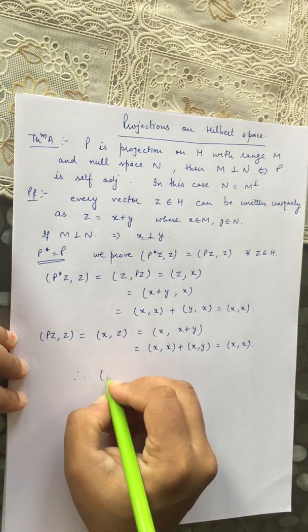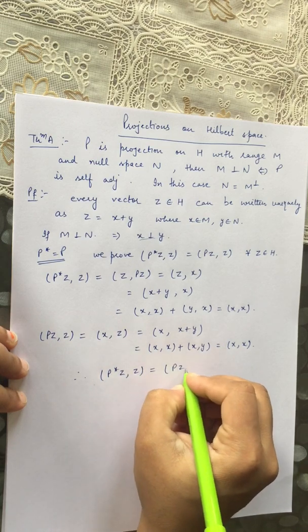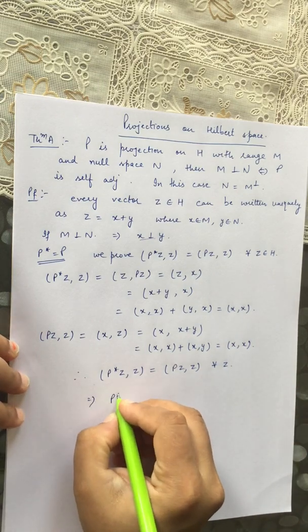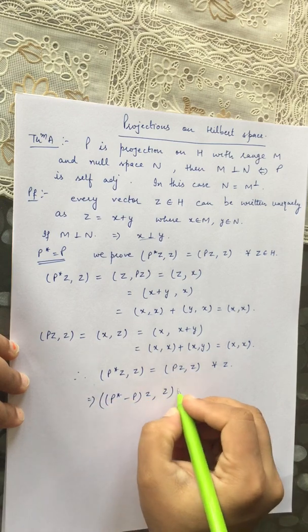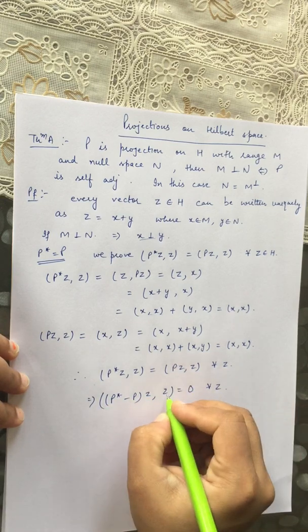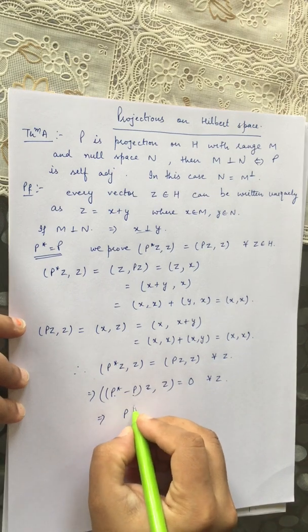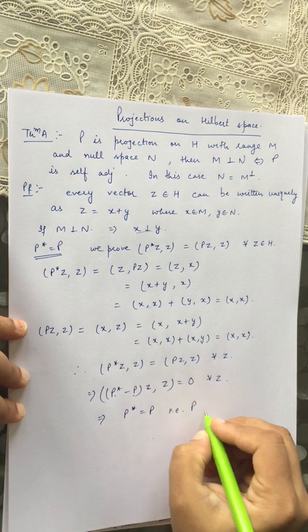So from these two we can say (P star Z, Z) equals (PZ, Z) for all Z, which means ((P star minus P)Z, Z) is 0 for all Z, and therefore P star minus P is the 0 operator, so P star is equal to P, that is, P is self-adjoint.